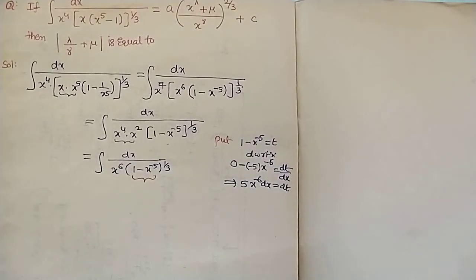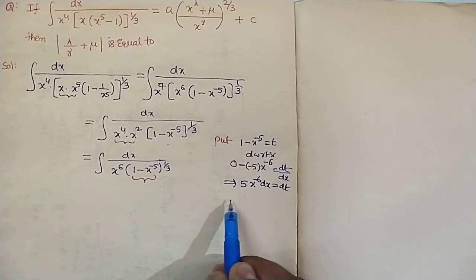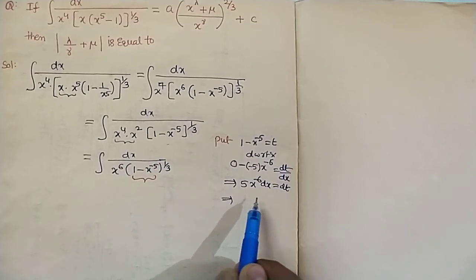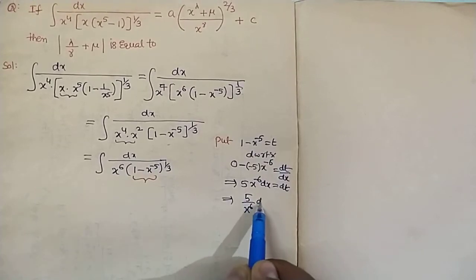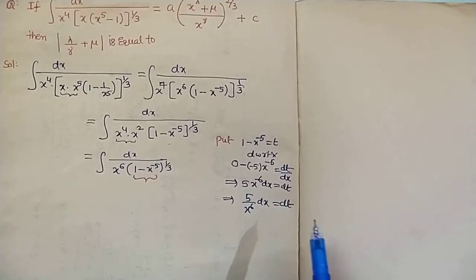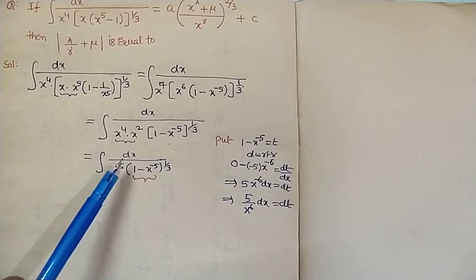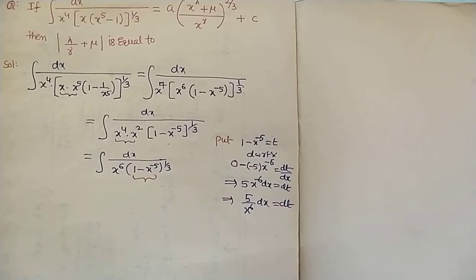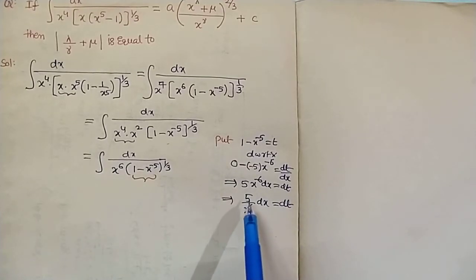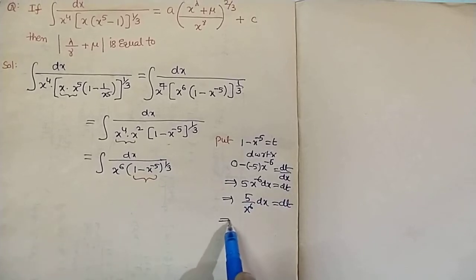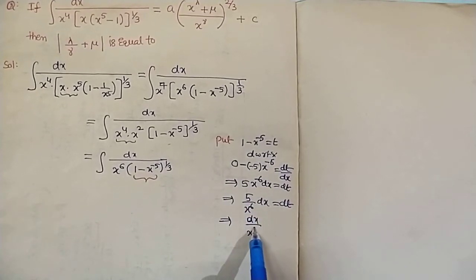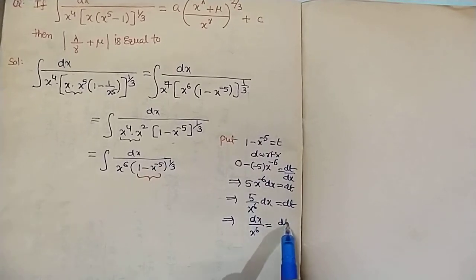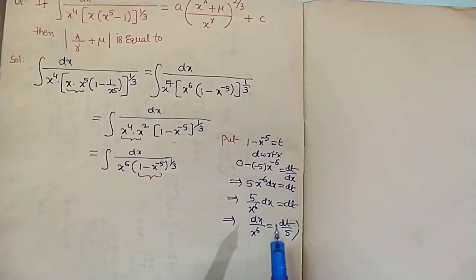We want only dx, and x power minus 6 means 1 by x power 6, so 5 by x power 6 into dx is equal to dt. But in the question, dx by x power 6 is there, so we take the 5 to the other side. It becomes dx by x power 6 is equal to dt by 5.